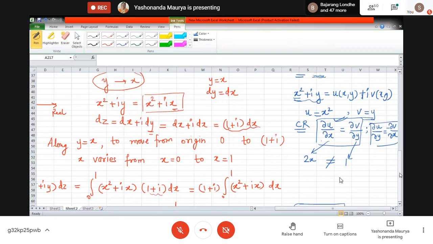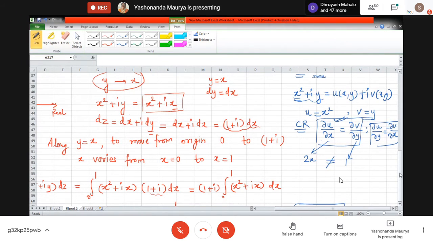that function is analytic. There are two ways of checking whether the function is analytic or not. First way: if the expression is completely in terms of only z, with no z bar coming, then it will definitely be analytic. Otherwise, if the function is given in terms of x and y, then we can check the Cauchy-Riemann equations.